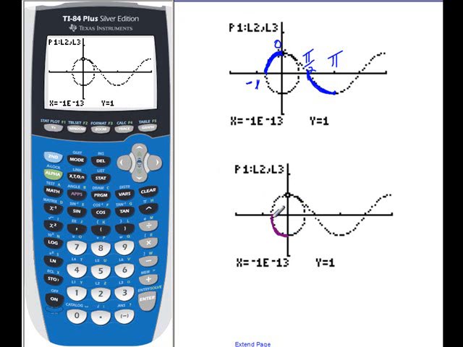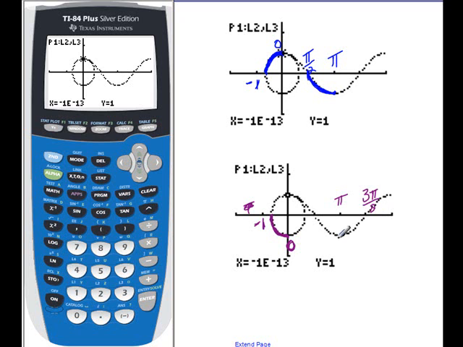That's an increase in x values from -1 to 0 for angles from pi to 3 pi over 2. So on the interval from pi to 3 pi over 2, our cosine curve should be increasing from a cosine value of -1 to a cosine value of 0.